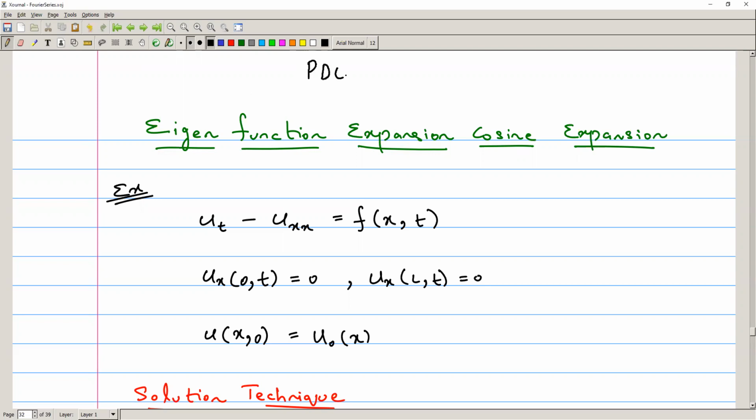So in the previous class, we discussed the eigenfunction expansion, the sine expansion, for the Dirichlet boundary condition problem with the non-homogeneous heat equation with a time-dependent heat source.